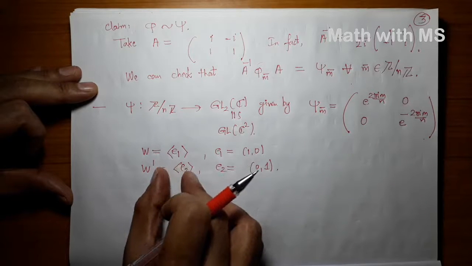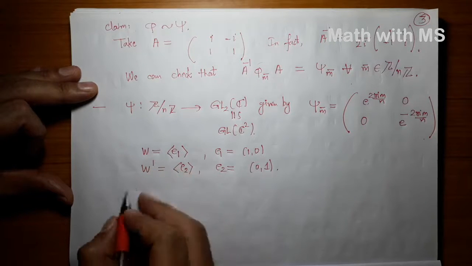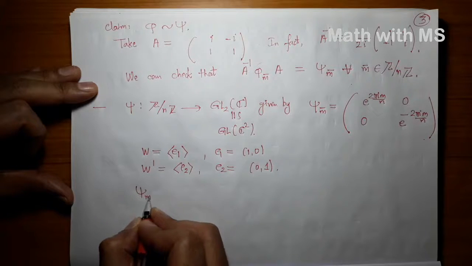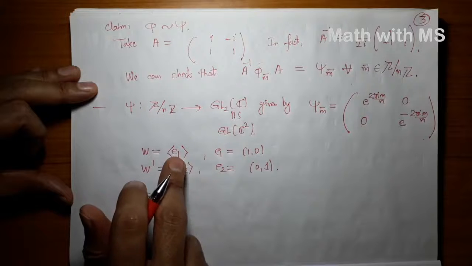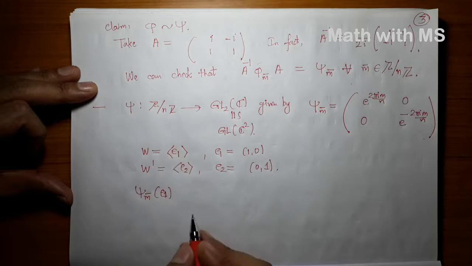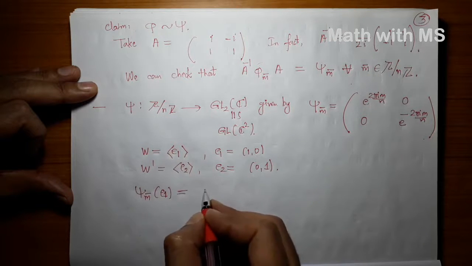preserves these subspaces. Psi of m bar acting on E1: it is enough to check on the basis element of this one-dimensional vector space.